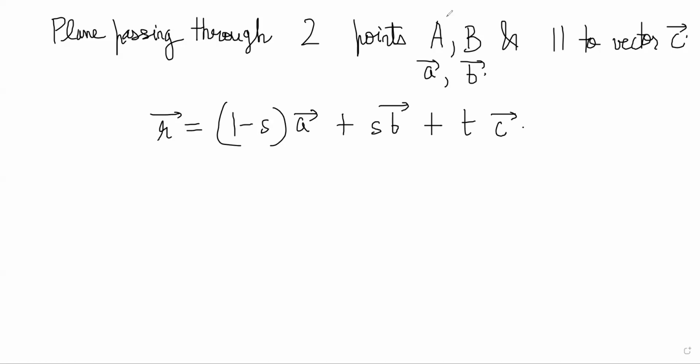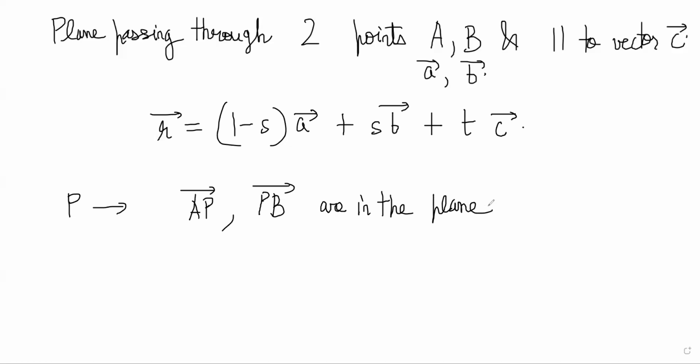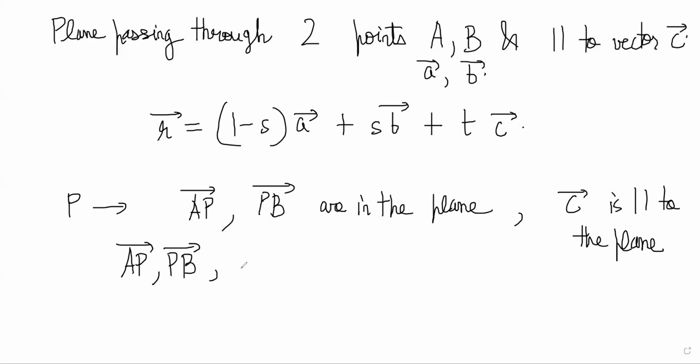Now that there are 2 points, I can take my variable point P and I can construct two vectors AP and PB. AP and PB are in the plane, and also C is parallel to the plane, right? So technically what we can say is AP, PB and C vector are coplanar.